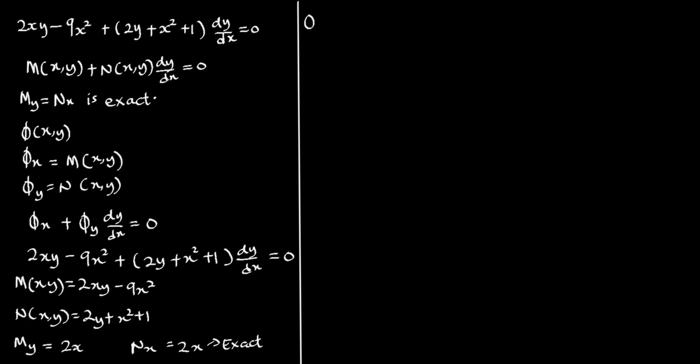So we are going to have the function phi of (x,y) equal to the integral of M(x,y) with respect to x. You're going to have this because we are saying that when we differentiate phi of (x,y) with respect to x, we get M(x,y).